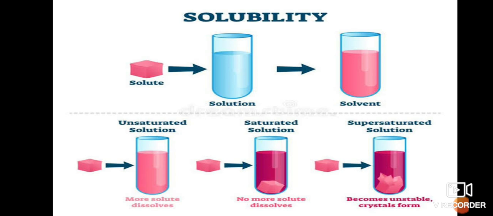If you increase the amount of salt or sugar in the solution, it becomes unsaturated. Means it takes time to dissolve. If you are going to add more solute to the solution, then it becomes supersaturated and it doesn't dissolve.